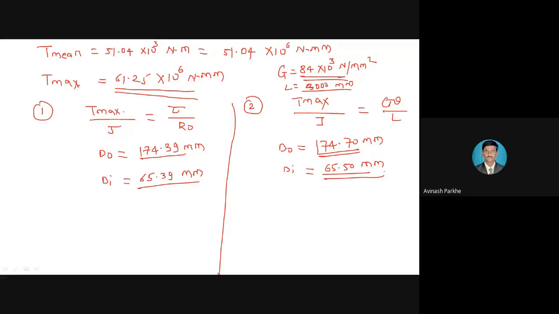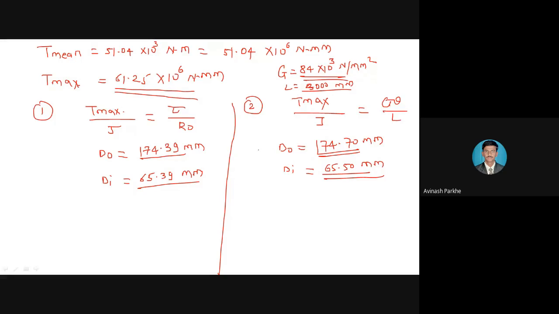So these will be the answers. The suitable value of the diameter will always be the maximum value obtained. Comparing both diameters from both conditions, the diameters calculated using the angle of twist are maximum.